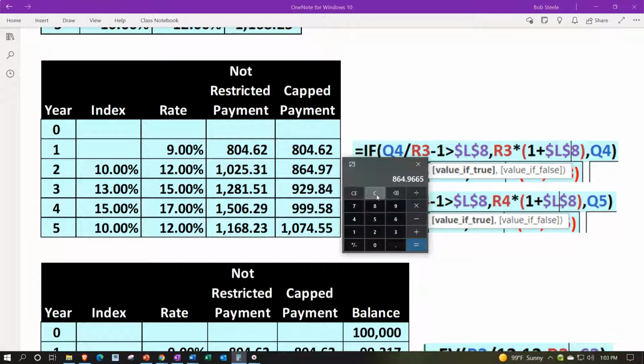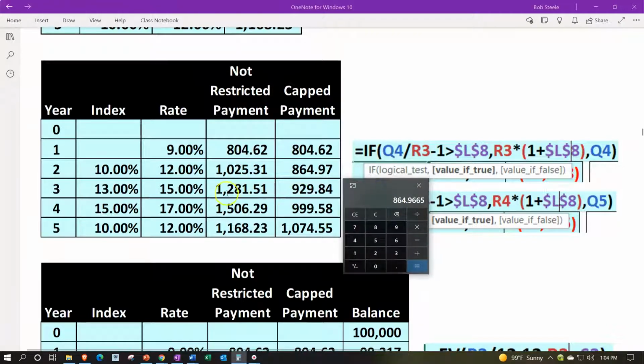If that is less than this calculation, then we're going to be picking up the lesser of the two. Now, obviously, we have a scenario that goes up quite rapidly, and so we're going to end up always taking the cap in this scenario. So the second one went from 1025.31 times 1.075.